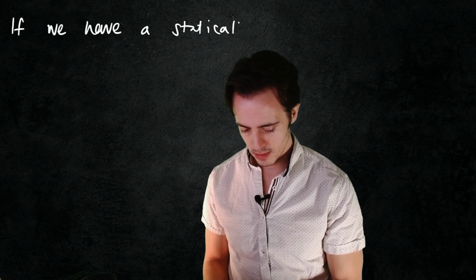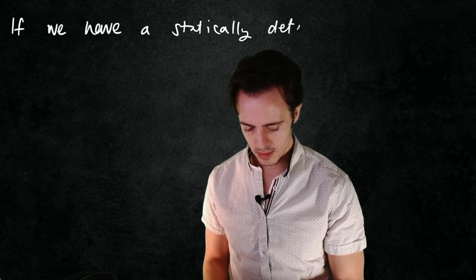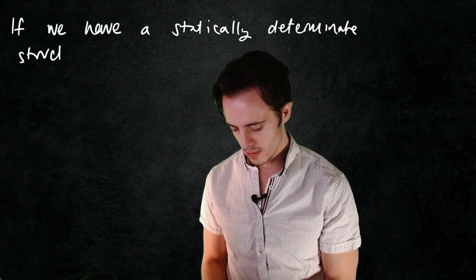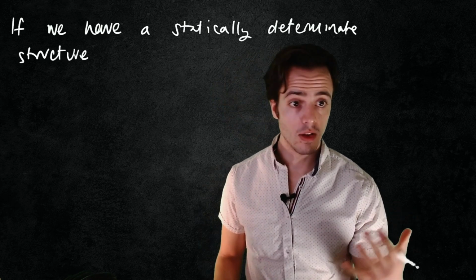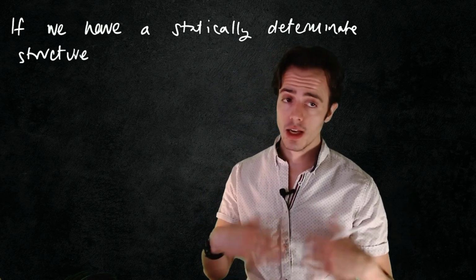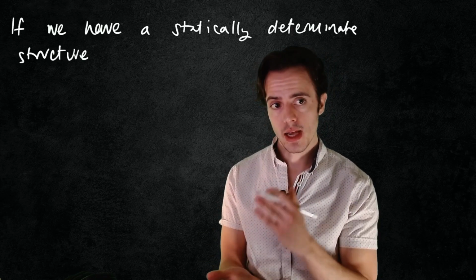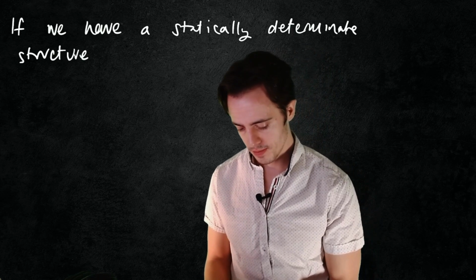So we've been looking at, let's just remind ourselves what we can do with a statically determinate structure. If we have a statically determinate structure, we have a degree of indeterminacy that's 0 or lower, and in general it will have 3 maximum external supports.